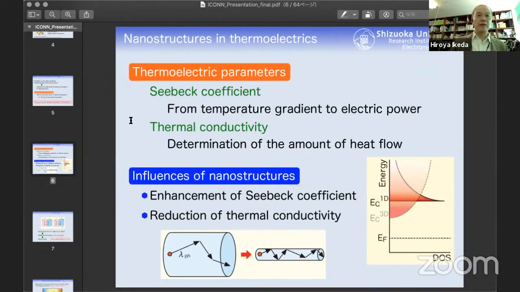In the field of thermoelectrics, the introduction of nanostructures is very much expected, because it will enhance the Seebeck coefficient due to the drastic change of the density of states, and reduce thermal conductivity by enhancing the boundary scattering of phonon transport.